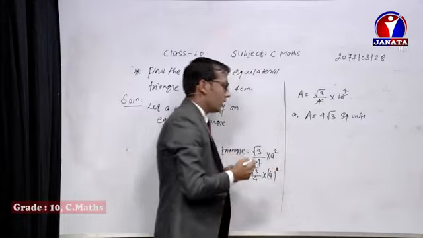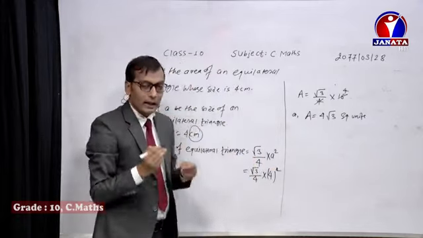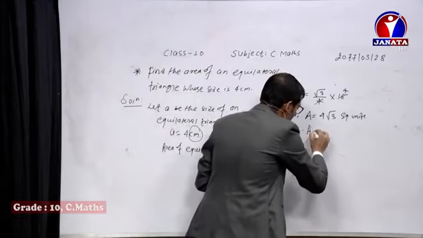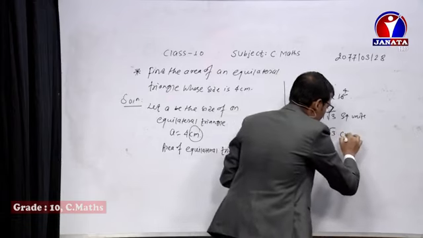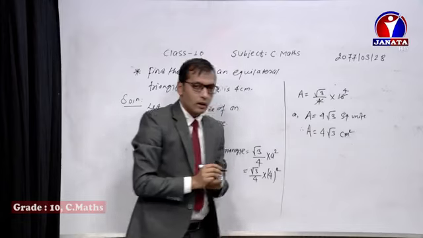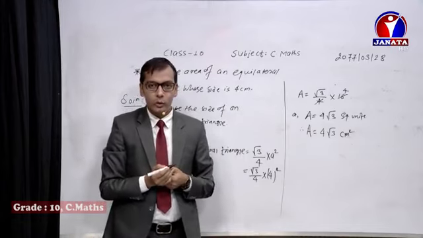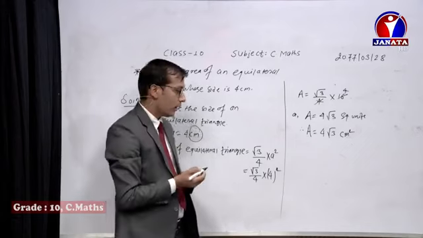So this is in square units. So here what is the unit of length? It's centimeter. So therefore the area is 4 times square root of 3 square centimeter. So this is the way we find the area of an equilateral triangle.